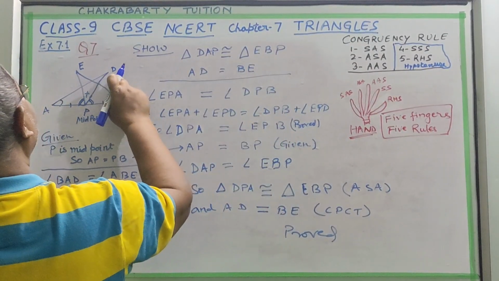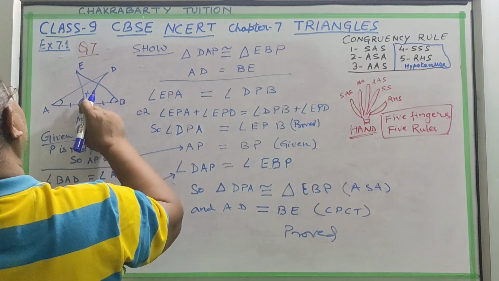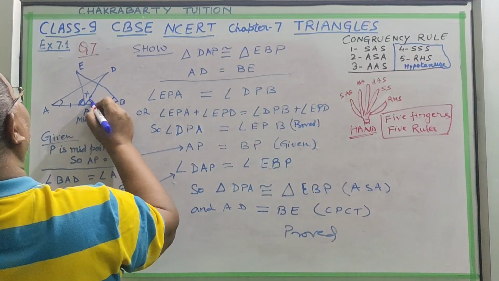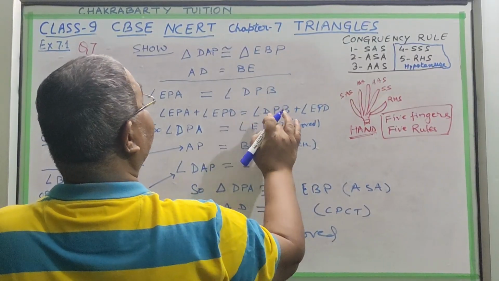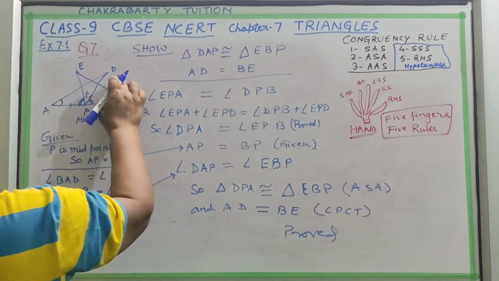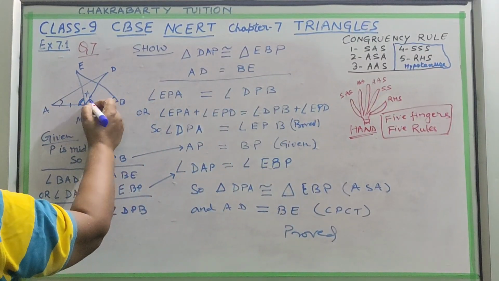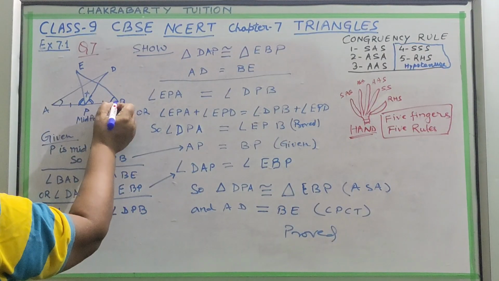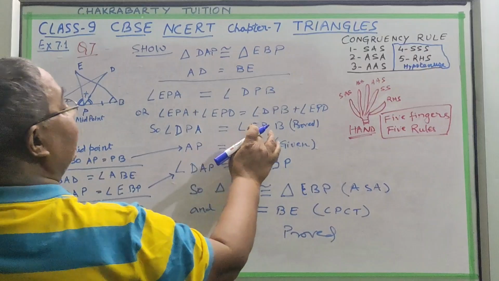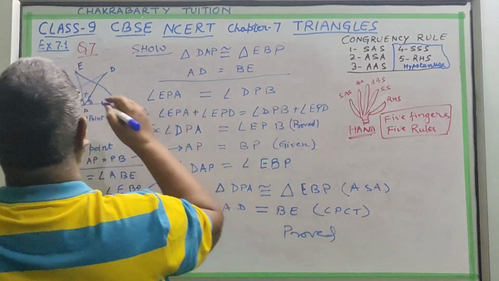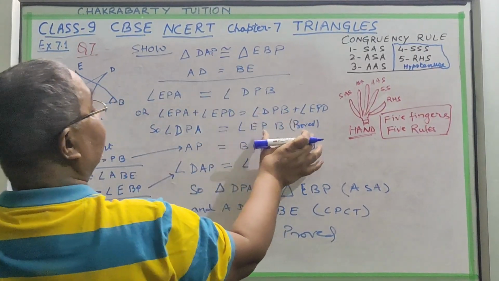DPB. D, P and B, this angle we have added. So when we add this to EPD, it will be equal to EPB, because plus is here, so it is proved.